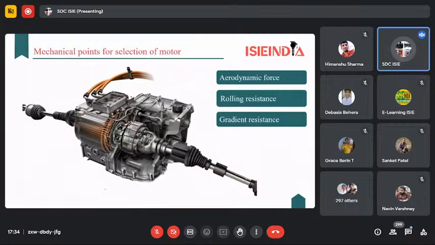Basically, when we are climbing up or sloping down some part, the angle of the slope is decided by the gradient resistance. The maximum gradient should be 45 degrees, whereas in India, for a normal conventional vehicle, the gradient should be only 15 to 20 degrees.